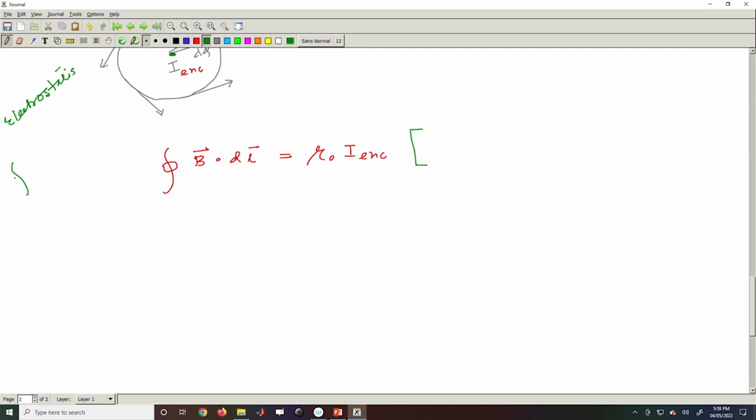What we had in electrostatics for the electric field, E dot ds, was q enclosed divided by epsilon 0, and that was Gauss's law in electrostatics.